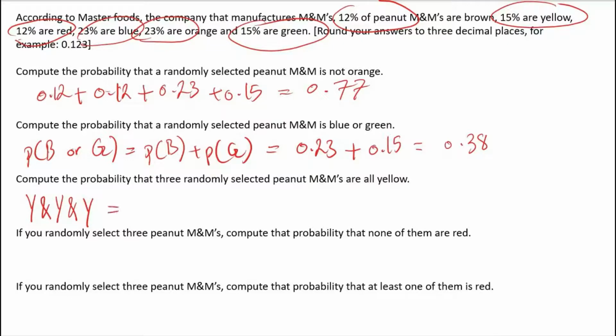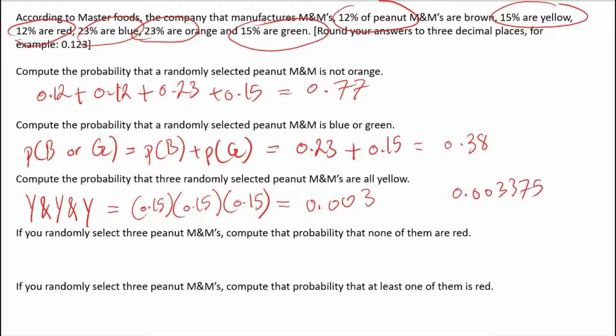So that is the probability of yellow, 0.15 times 0.15 times 0.15. Again, the events are independent here since we have percentages. We don't have the raw numbers. And since we're rounding to 3 decimals, we're going to say the answer is 0.003. The actual number was 0.003375, but since we're rounding to 3 decimals, that will be the answer.